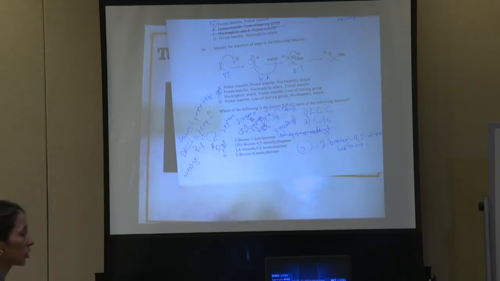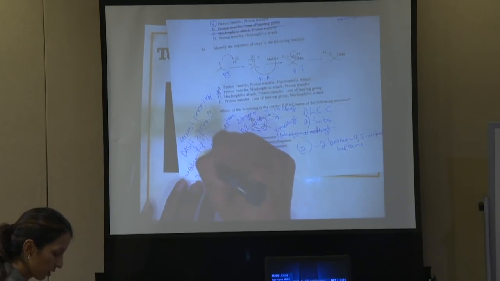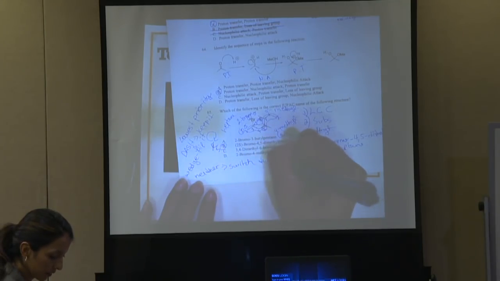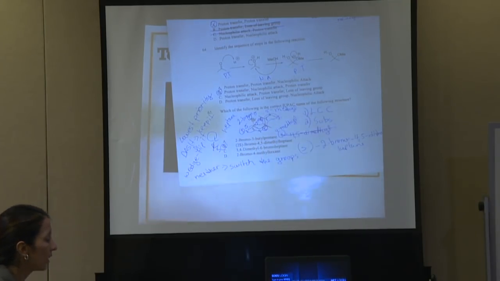And what is the special situation with this? When it's not on a wedge nor on a dash, right? So if it's on neither, then you have to switch the groups. Right? Does that make sense?